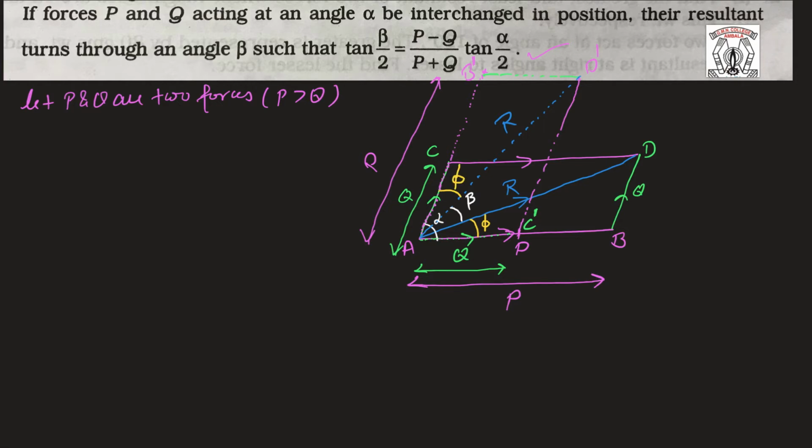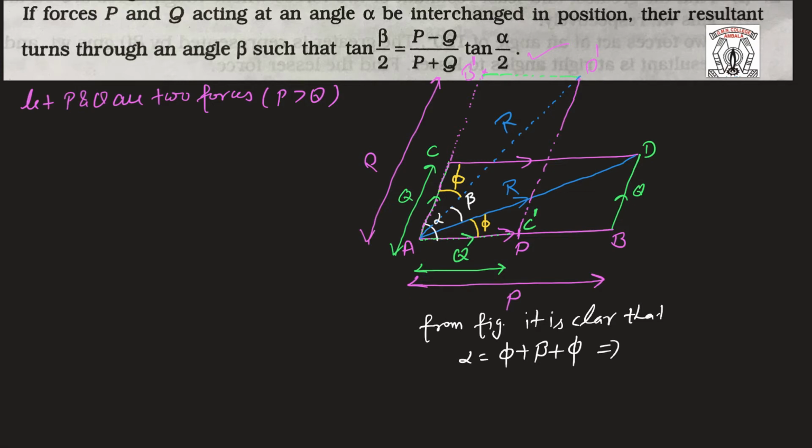From this figure, if you see, this total angle up to here is alpha. So phi plus beta plus phi is equal to alpha. Let me write that: from the figure, it is clear that alpha is equal to phi plus beta plus phi.